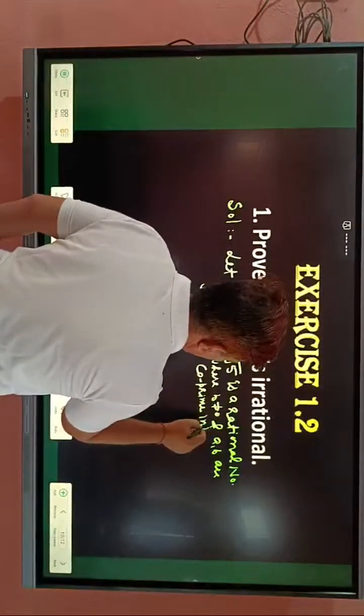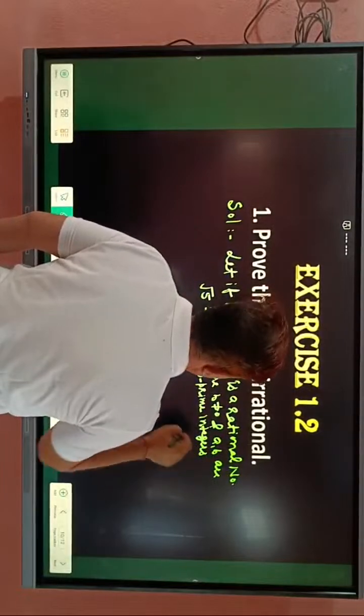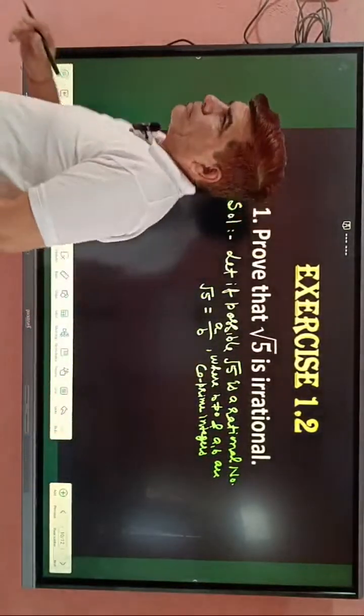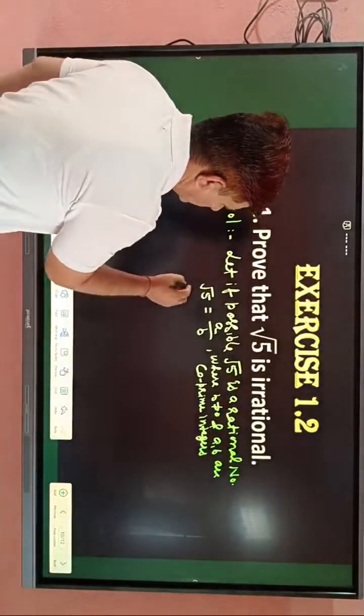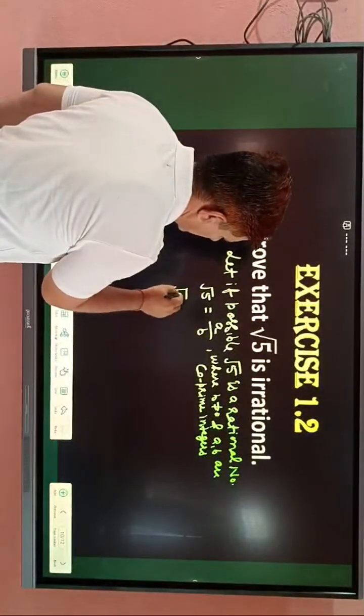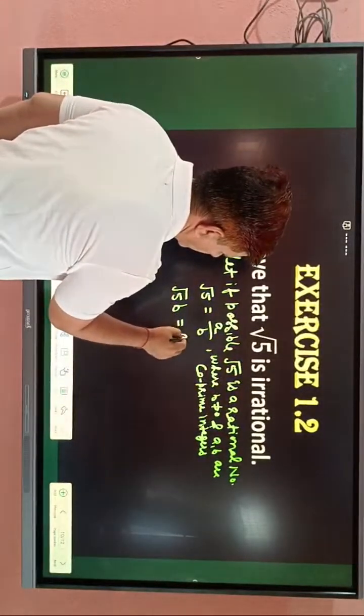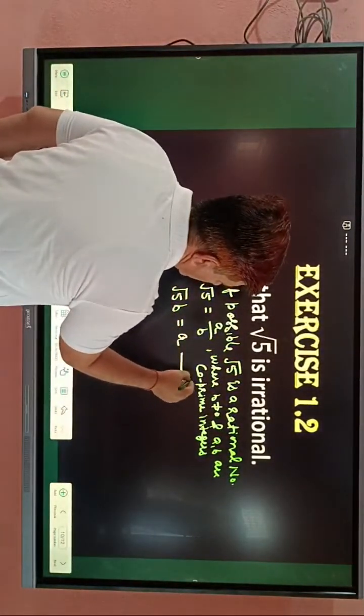Co-prime meaning nothing is common between them. Understood? So we can write like this. This is your equation first.